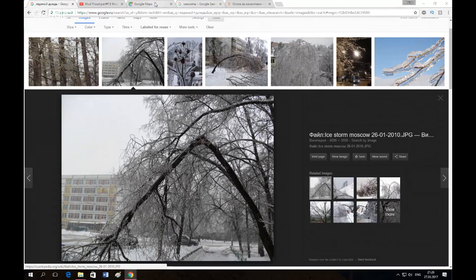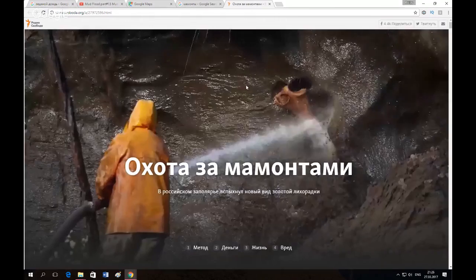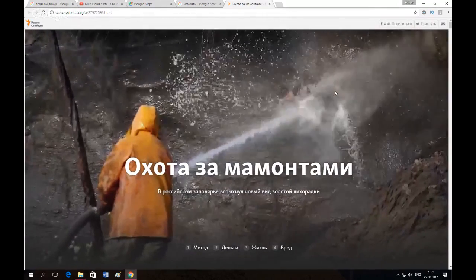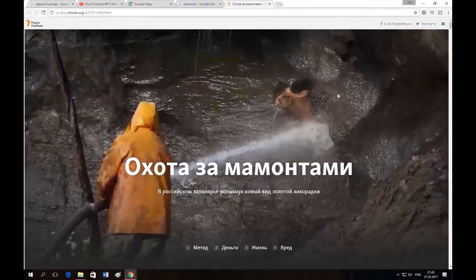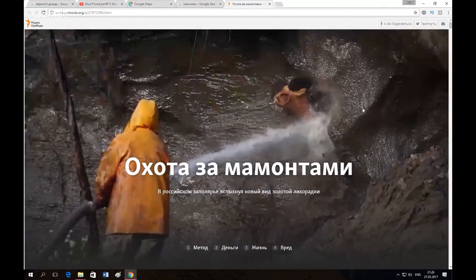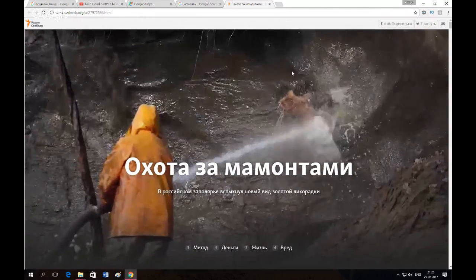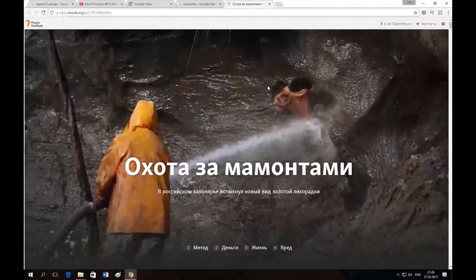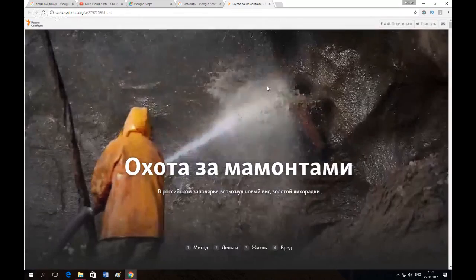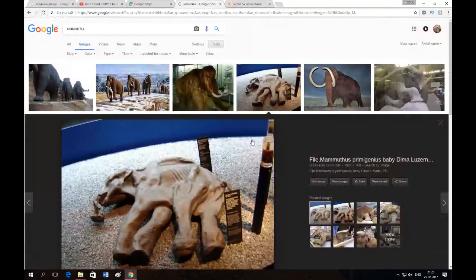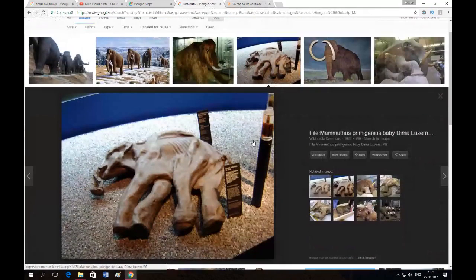So the problem with this thing, which surrounds a pretty big territory, is that inside this icy mud we found many well protected, saved mammoths like this.